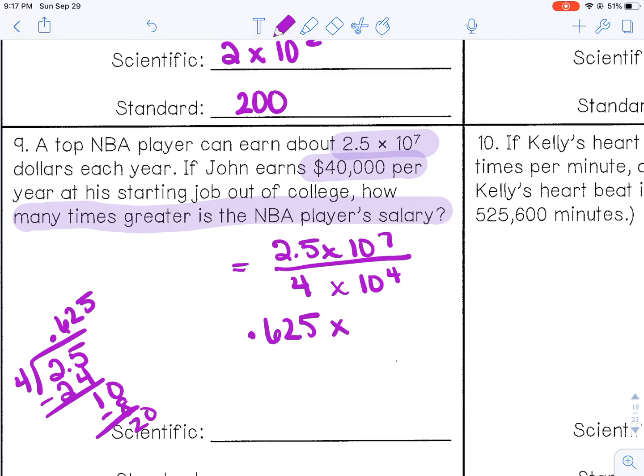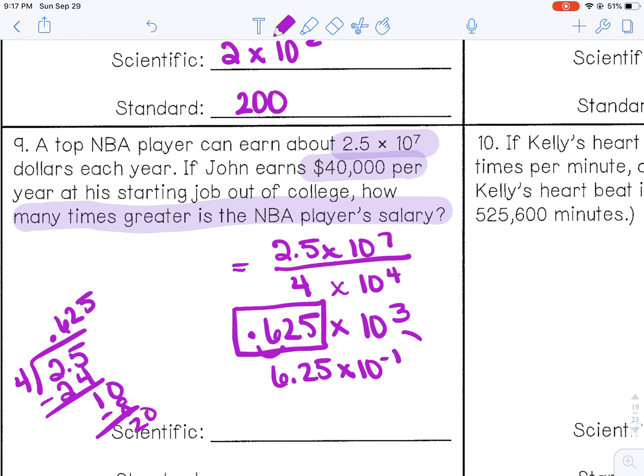Okay, and I'm going to bring down the 10 to the 7th over 10 to the 4th. I'm going to subtract those exponents. That will give me 10 to the 3rd power. Okay, I've got to get this in scientific notation, so I'm going to move the decimal to the right once. So that would be 6.25. Since I moved it to the right once, that'll be to the negative 1st power. Then I'm going to bring that down times 10 to the 3rd power. So in scientific notation, that stays there.